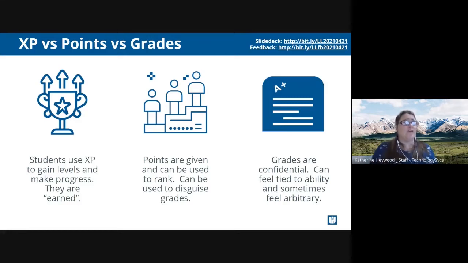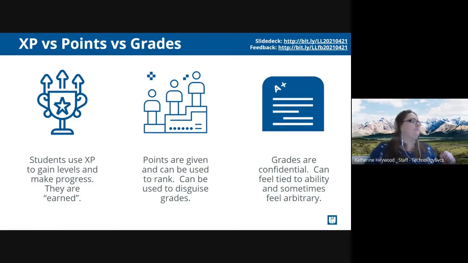XP is a really great concept because kids are using that to make progress. XP is short for experience points. And so, for instance, in games, typically, when you've got experience points and levels, you need 5 experience points to get to the next level. And then to get from level 2 to 3, you have to have 8 experience points. And then level 3 to 4, you have to have 12. And so sometimes it builds on that.